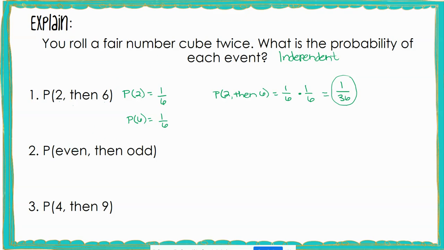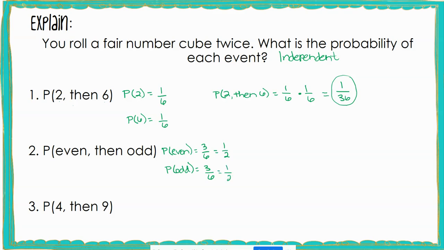Now let's look at the probability of an even, then an odd. Well, the probability of an even number on a number cube is that there are 3 even numbers on a number cube, that's 2, 4, and 6, out of 6 total numbers. Well, 3 over 6 can be simplified to 1/2. Then I would need to find the probability of landing on an odd number. Well, there are also 3 odd numbers on a number cube because those are 1, 3, and 5, and that's also out of 6 numbers.